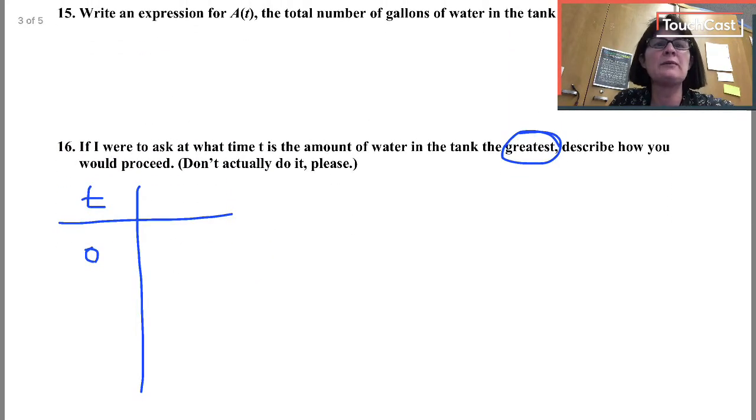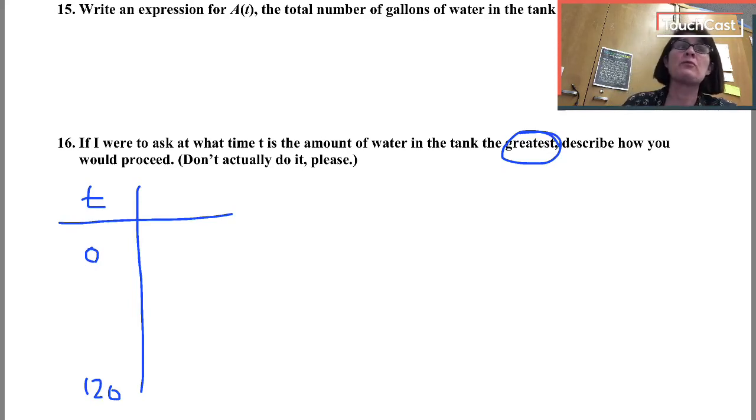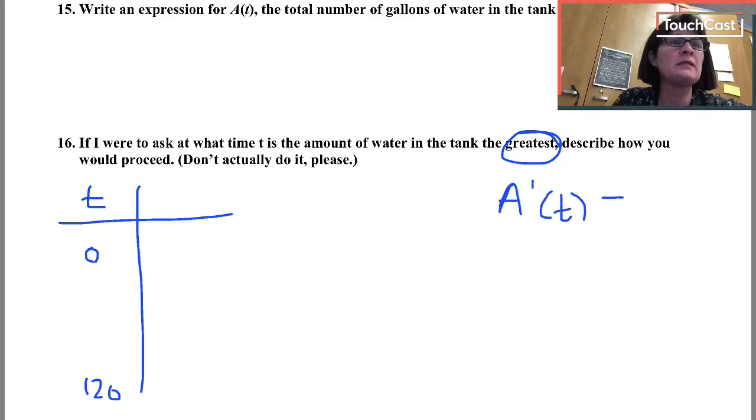So 120 would have to be on your list of candidate times. The other candidates you're going to need are times when the rate at which the water is coming in is equal to the rate at which the water is coming out. Why? Because you need the derivative of A to equal 0.